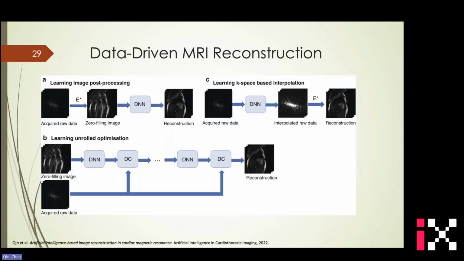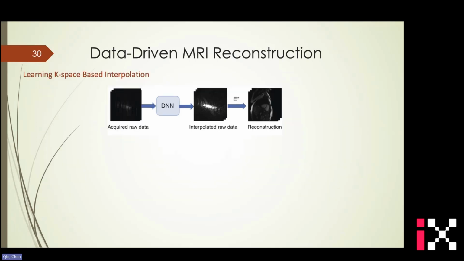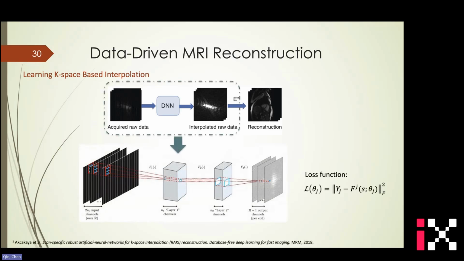Okay, so we've discussed learning image post-processing. We also discussed learning unrolled optimization. Another way of doing this, as you just mentioned, is we could actually learn in the k-space directly. We learn this k-space interpolation. Recall the image post-processing DNNs here?